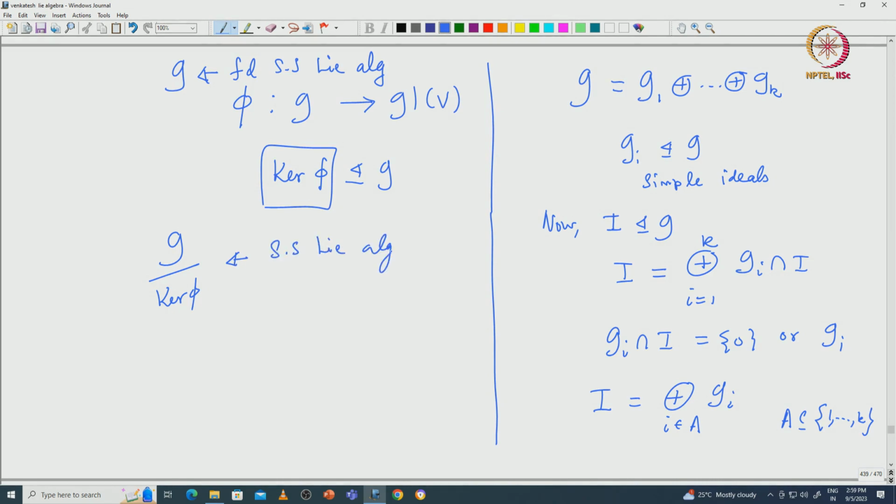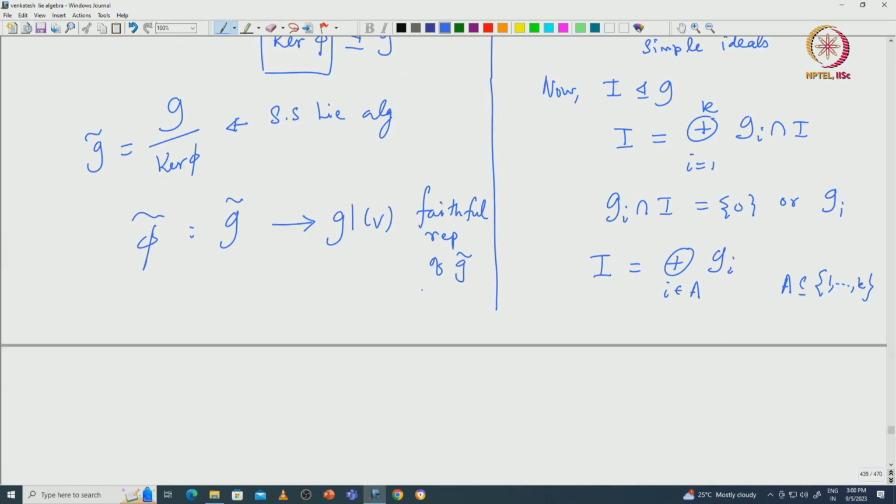So, in particular this pi induces a faithful representation of this quotient. Let me call it G tilde. So, this pi tilde is a map from G tilde to GL of V, which one can assume to be a faithful representation of G tilde.